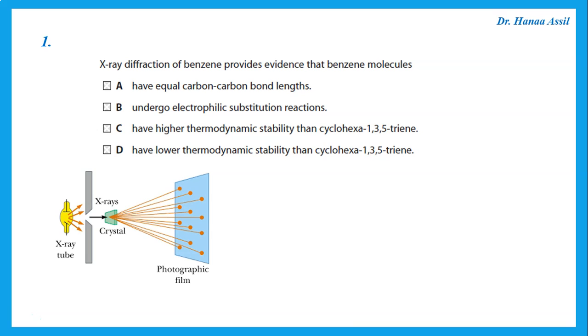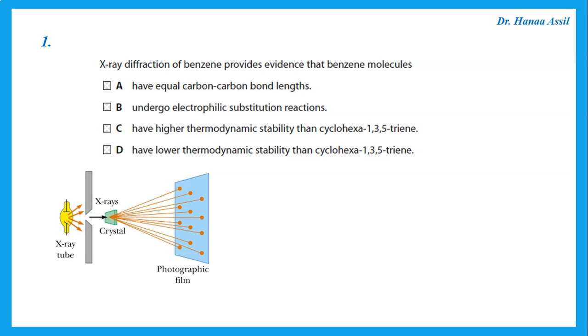X-ray diffraction is a method of pointing X-rays at a crystal, and the photographic film receives these X-rays after they have been diffracted, and this information tells us the bond lengths and the structure of the crystals we're looking at.